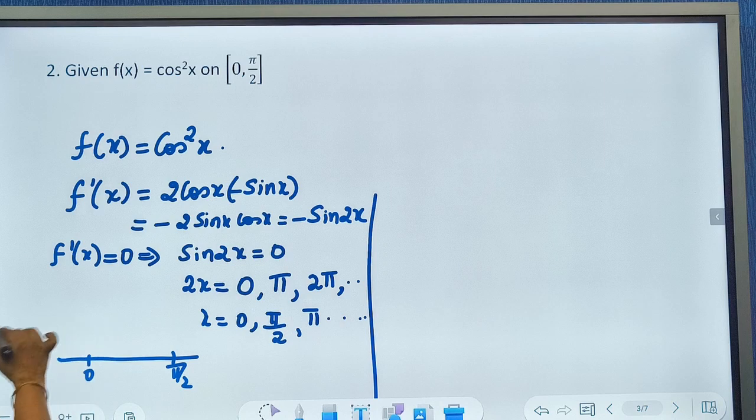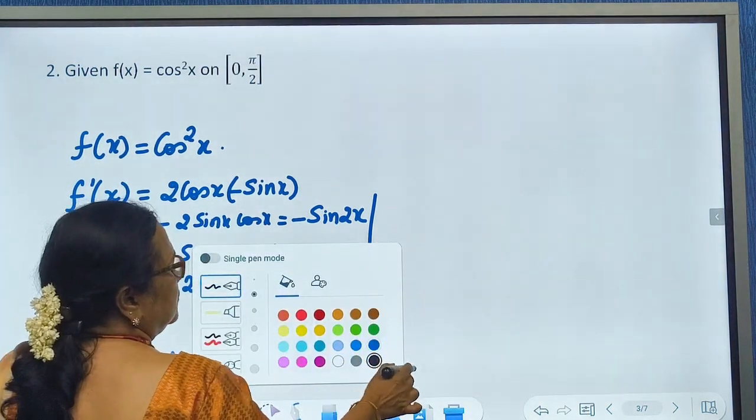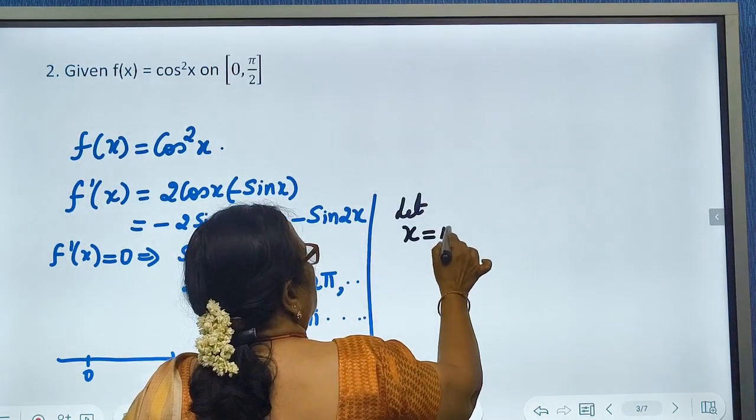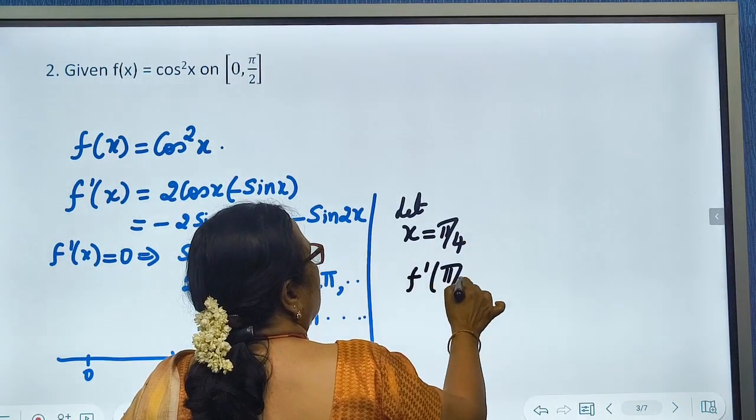So let me take a value here. Let x be pi by 4. What is f dash of pi by 4?